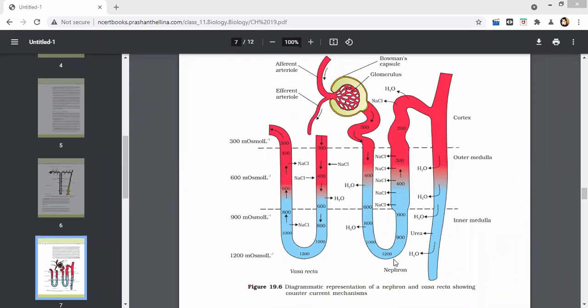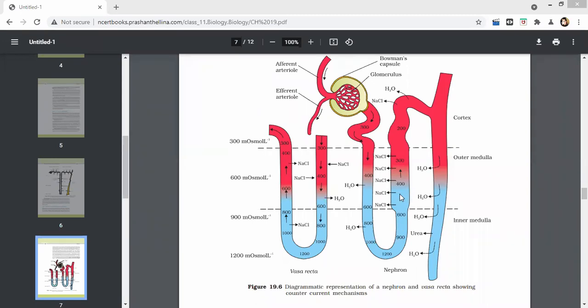Then when the loop of Henle is again in the ascending order, at that time the NaCl is released out. So when the NaCl is released out, from the concentrated part it again becomes the diluted form. How is it becoming diluted?